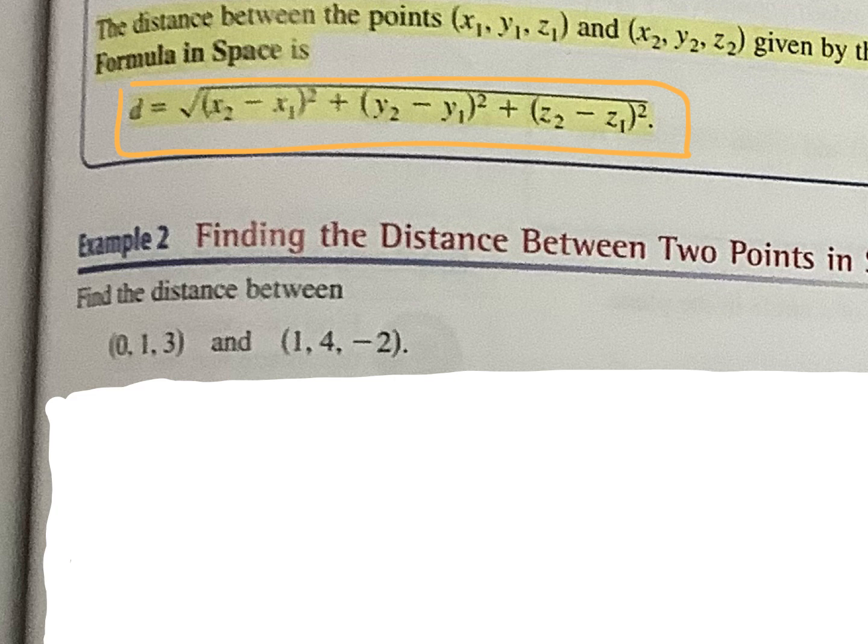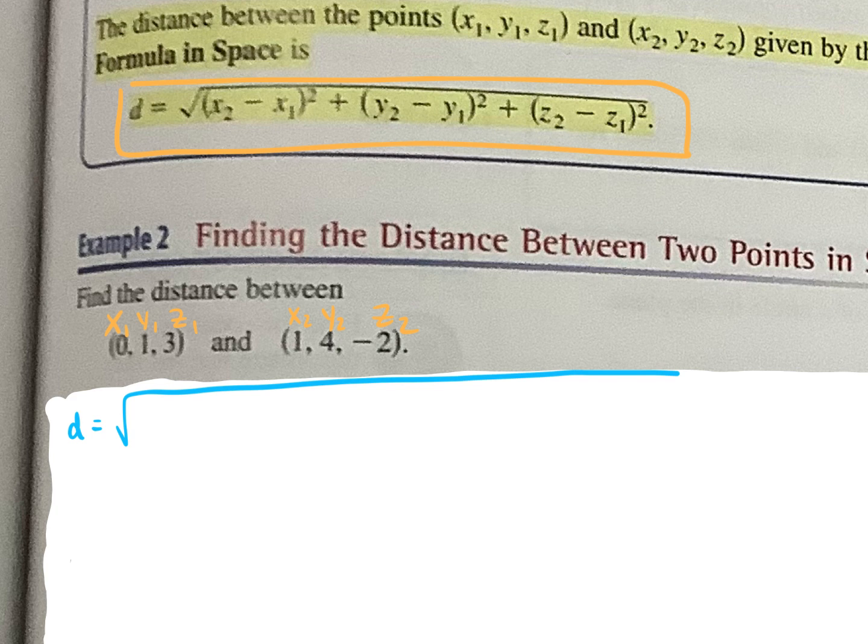So in example 2, it says find the distance between these 2 points. So it helps to label everything. I have X1, Y1, Z1, X2, Y2, Z2. So now we can plug everything into our formula.